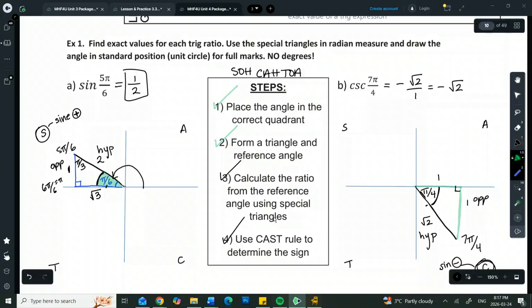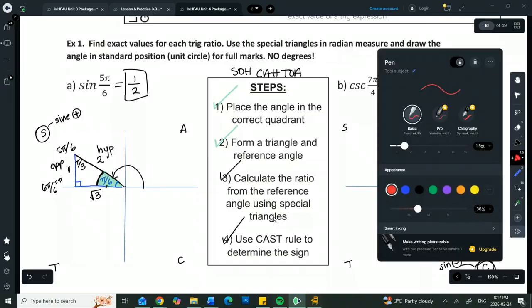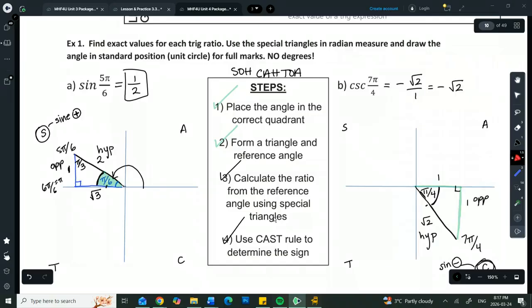One other thing that your teacher might do, if you're watching this video and you're not one of my students, is your teacher might actually just forego the idea of using the cast rule and tell you to think with your mind and think about whether this is positive or negative. And of course, if I go right on the x-axis, this is positive, so that would be positive 1.